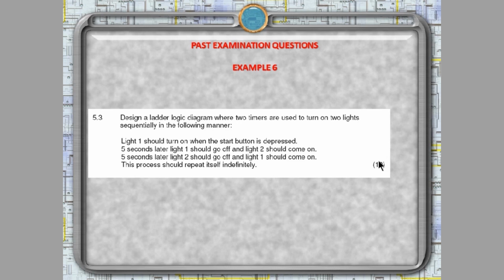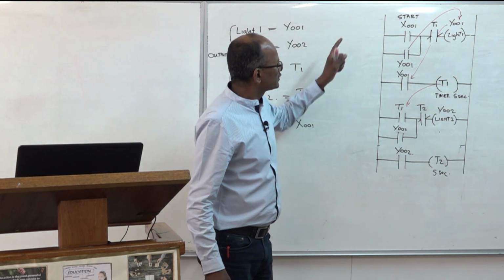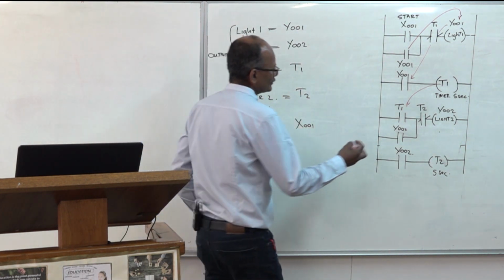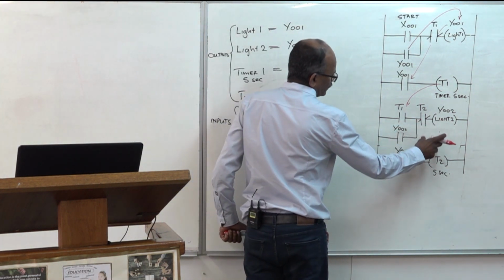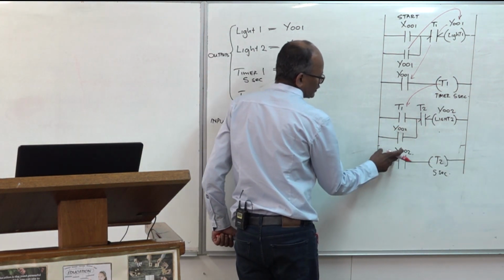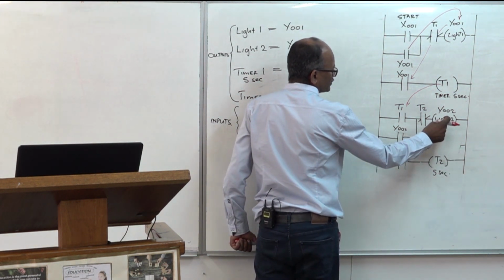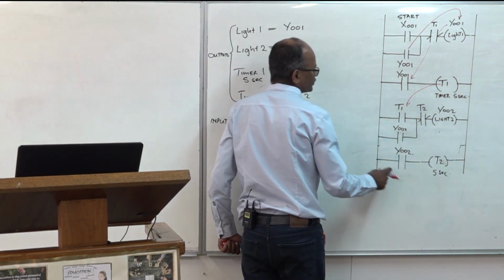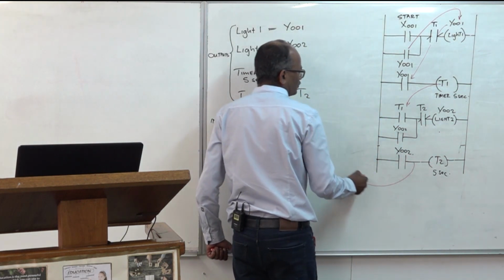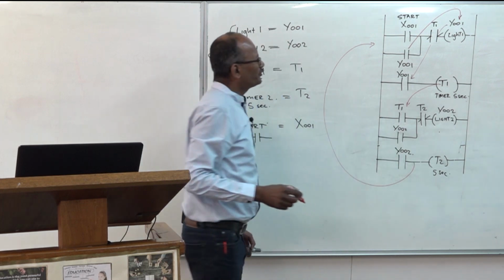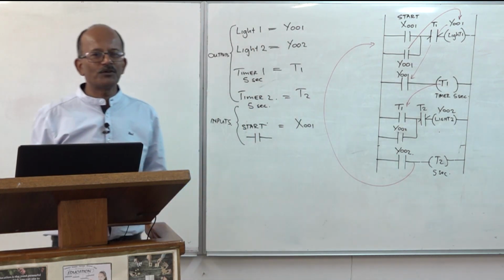Indefinitely means that to start the whole process again, I must not press the start switch. It must start automatically. How would I do that? Once I reach the stage where timer T2 has timed 5 seconds and switched this light off, I need to go back to the top and switch light 1 on. Now if you remember, previously we discussed the OR function.